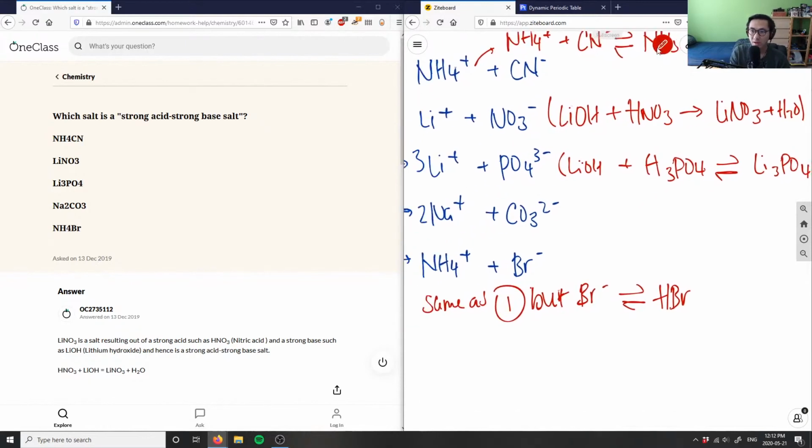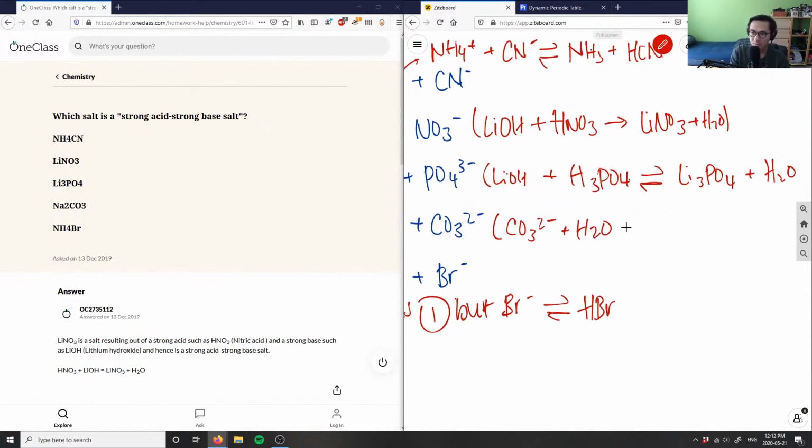And then finally we have Na plus and CO3 2 minus. Na plus here would become the spectator ion. So in this case I'm focused on the CO3 2 minus. If I add H2O to it, so this here is my carbonate anion, I would get H2CO3, or you become HCO3 minus first, plus OH minus here.